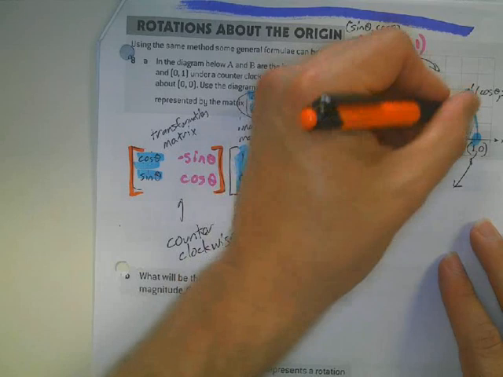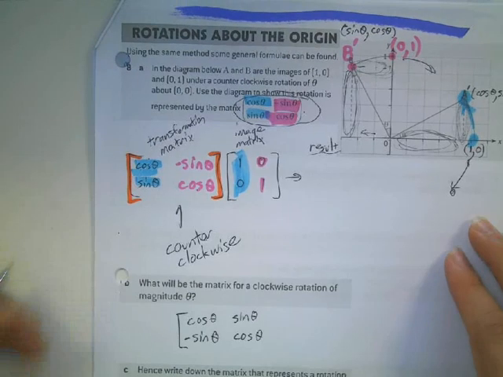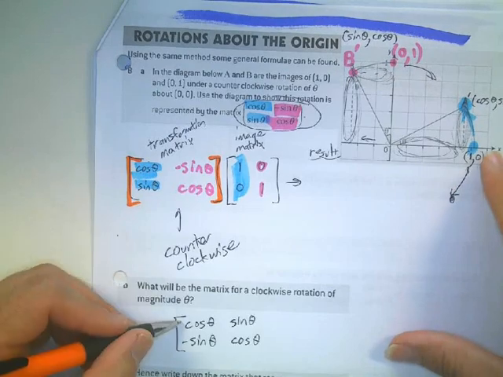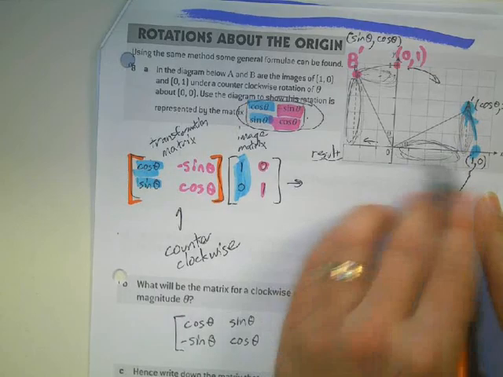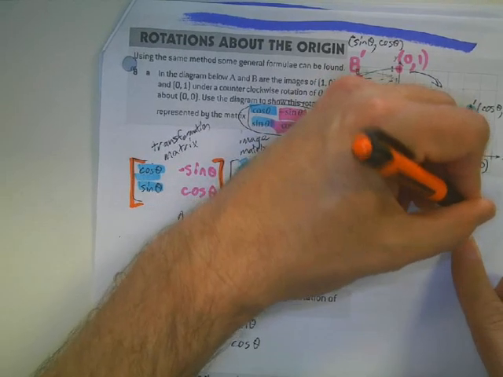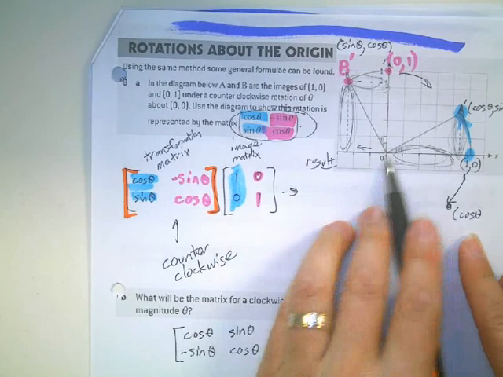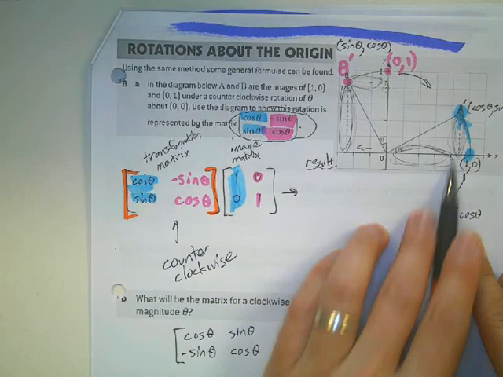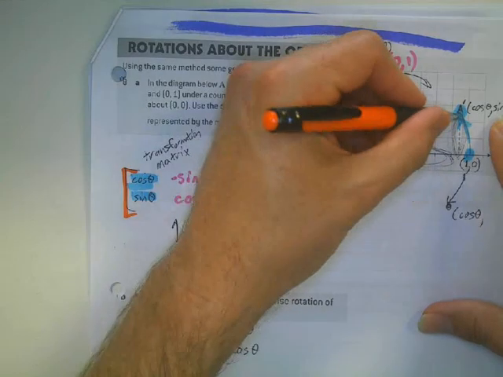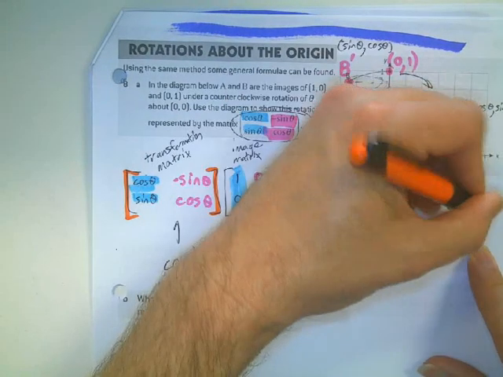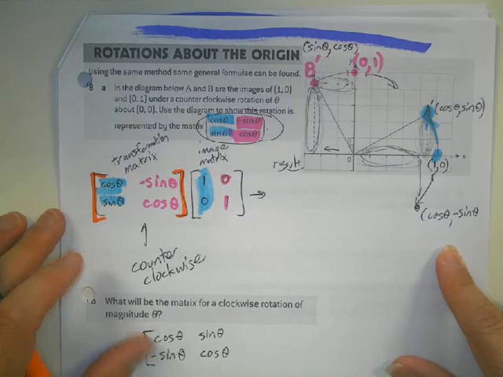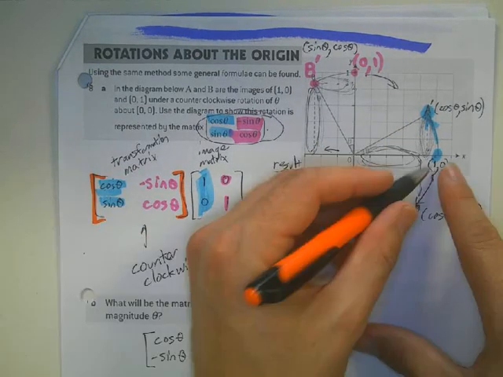If I've gone this way, the x direction is the same amount, but in the y direction, instead of positive sine theta, we're going down to negative sine theta, because this new point is down here.